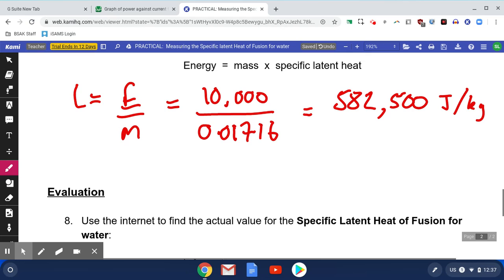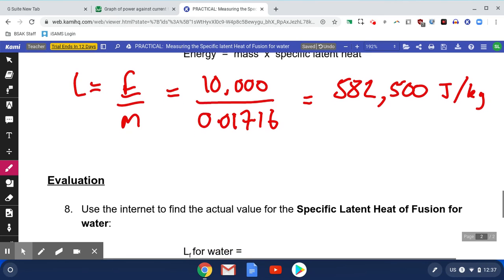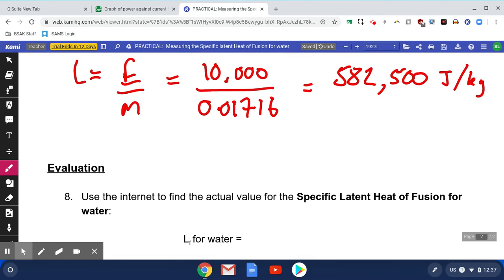Right, now I asked you to use the internet to find the actual value, because this is a known value. All ice has the same specific latent heat. All pure ice has the same value of specific latent heat. So the value you should have found from the internet, I believe, was 334.